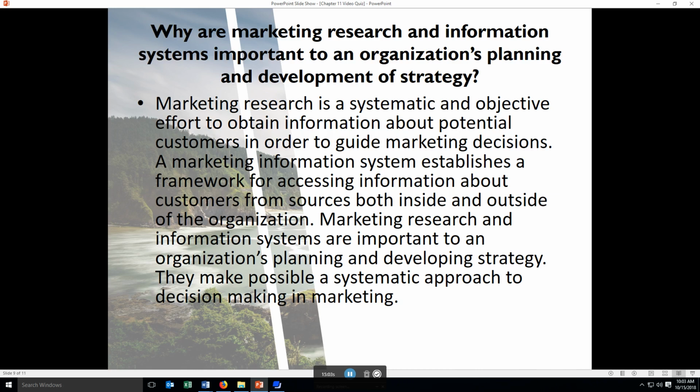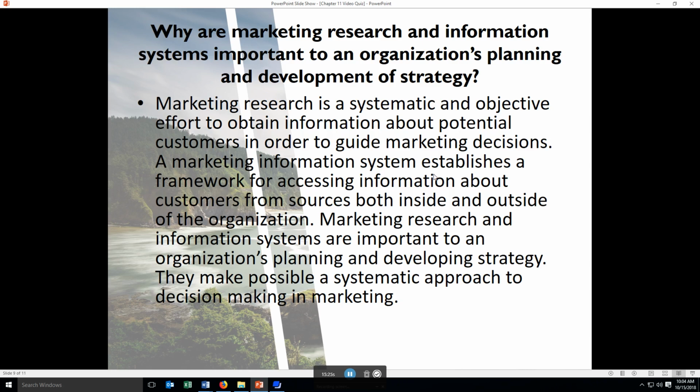Why are marketing research and information systems important to an organization's planning and development of strategy? Marketing research is a systematic and objective effort to obtain information about potential customers in order to guide marketing decisions.